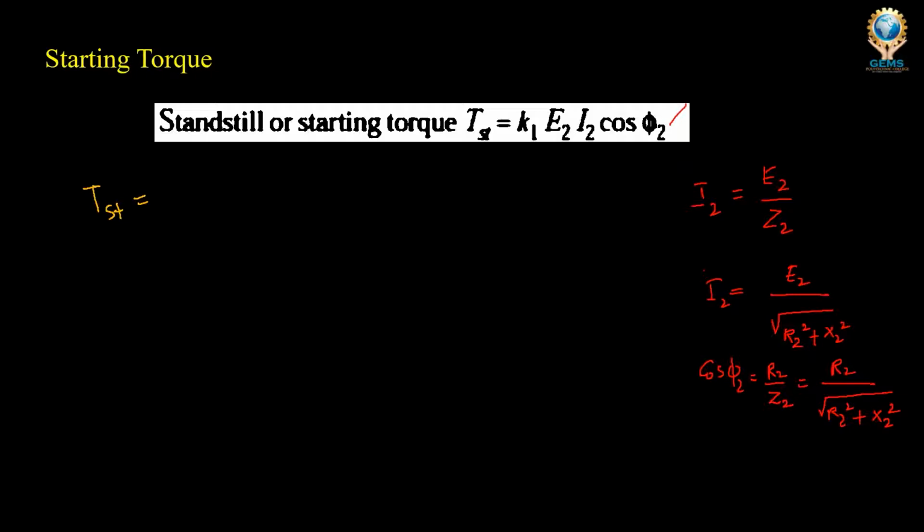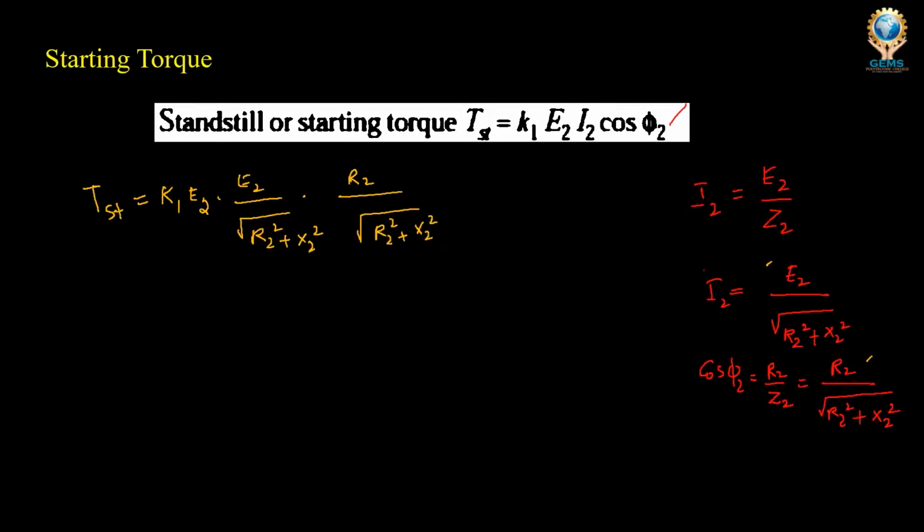It is equal to K1 E2, and the I2 value we can write as E2 divided by root of R2 square plus X2 square, into the cos phi 2 value, that is R2 divided by root of R2 square plus X2 square.